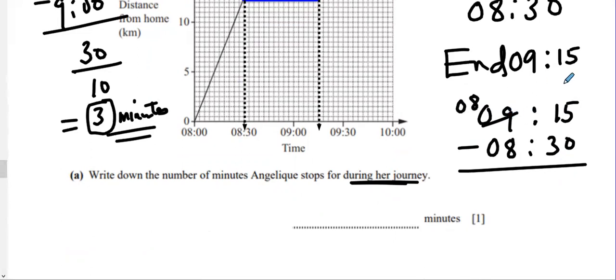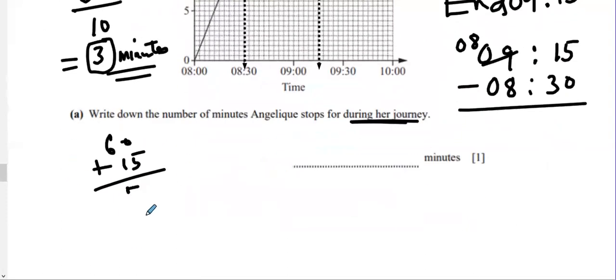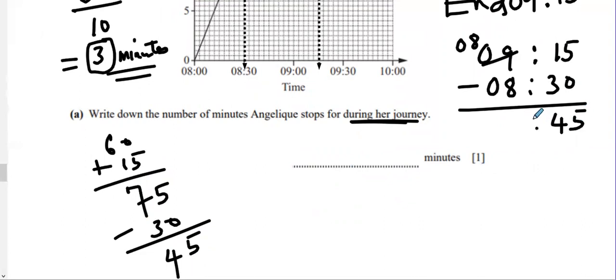That 1 hour will be taken as 60. So 60 plus 15 gives 75. Now 75 minus 30 gives 45. So here will be 45, and here 8 minus 8 is 0.